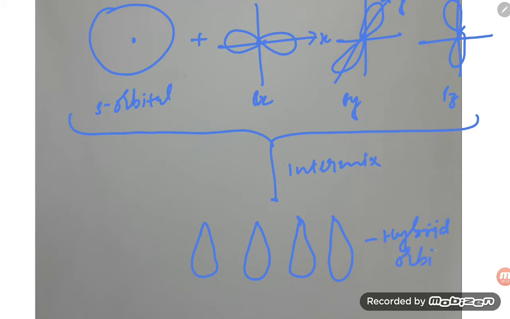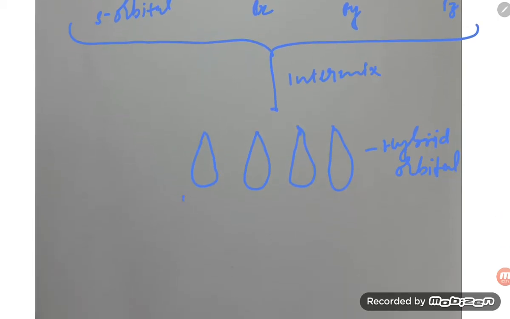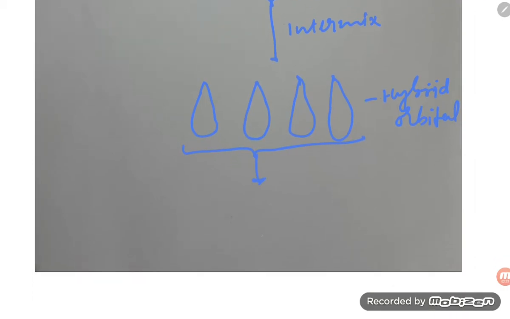Now what happens with these, students? These four hybrid orbitals orient themselves in a tetrahedral manner. Together they will be tetrahedrally arranged, like this. In any molecule of this hybridization, the angle is 109 degrees 28 minutes.